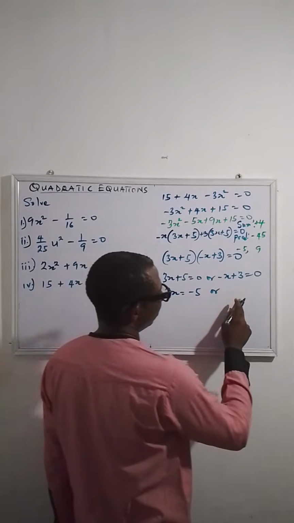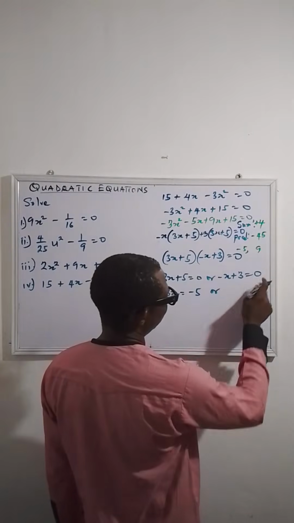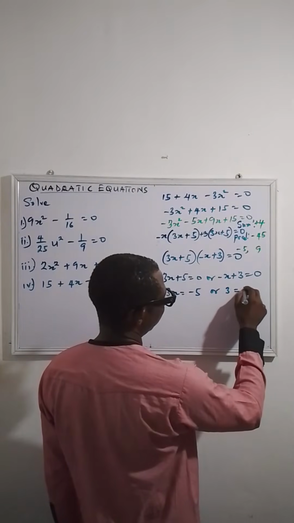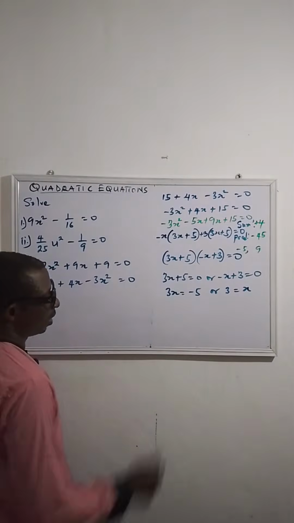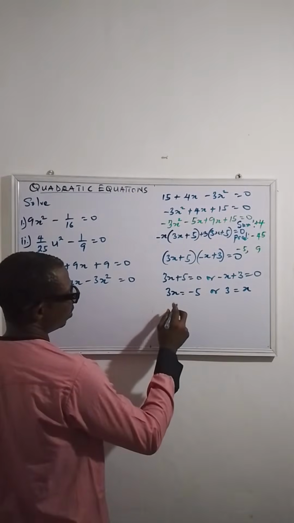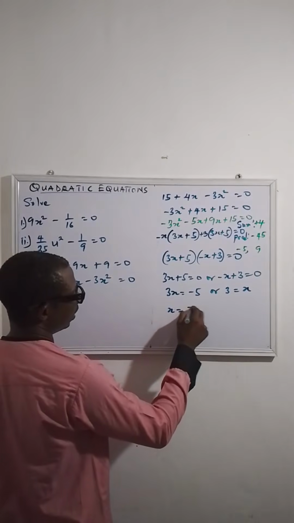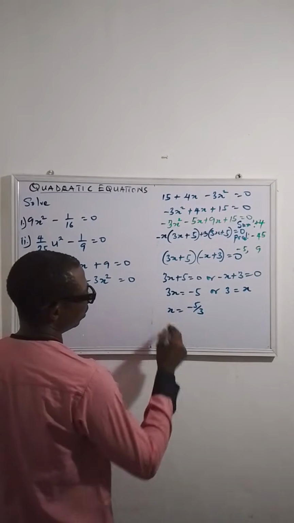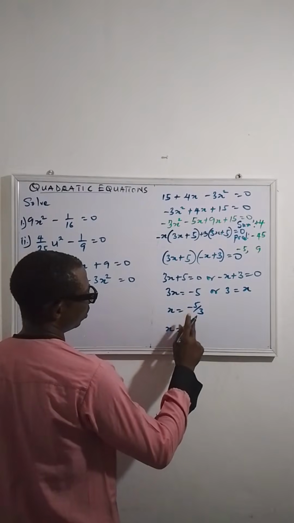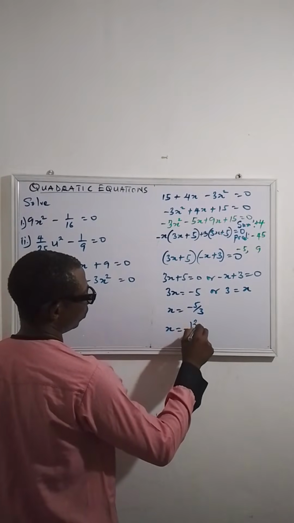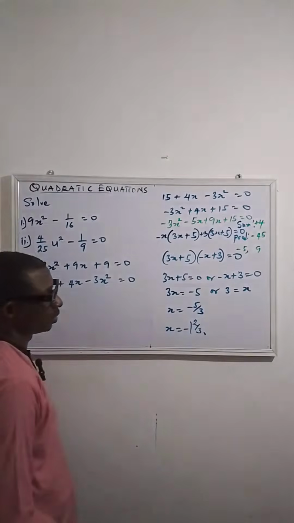Or here, you can move x to this side. So we have 3 equals to x. Now you divide both sides by 3. So you have x equals to negative 5 over 3. And that's going to be the answer.